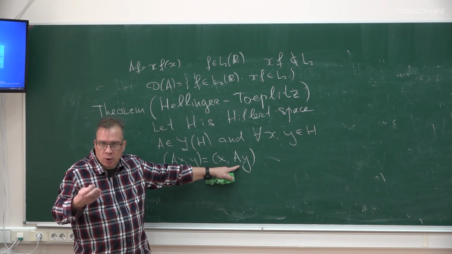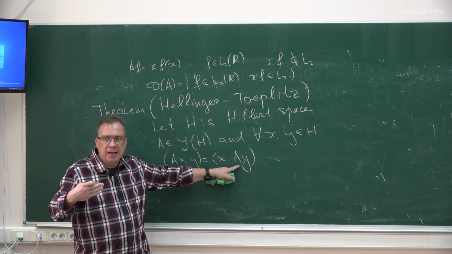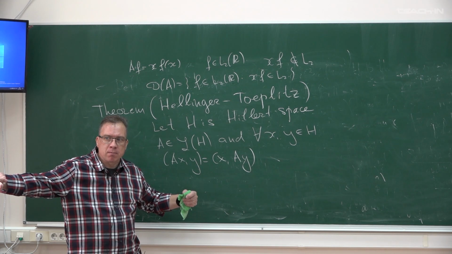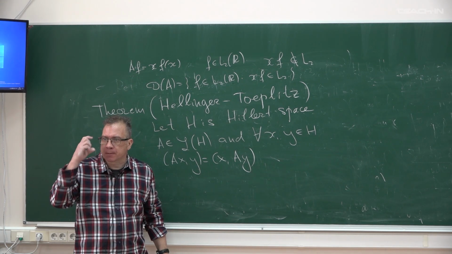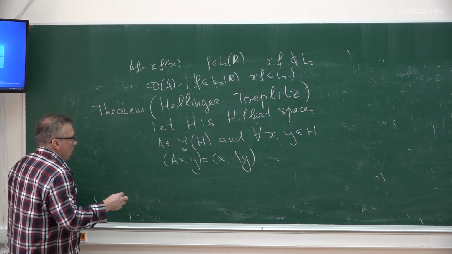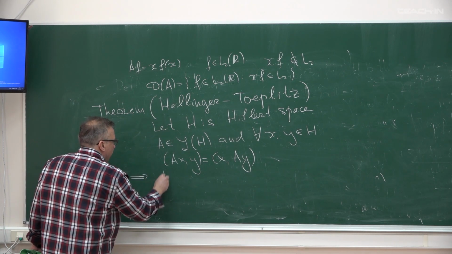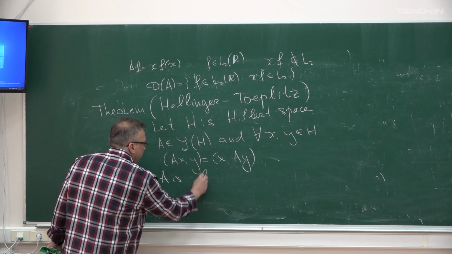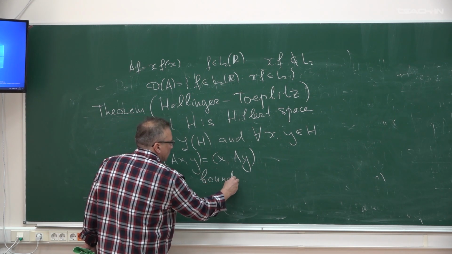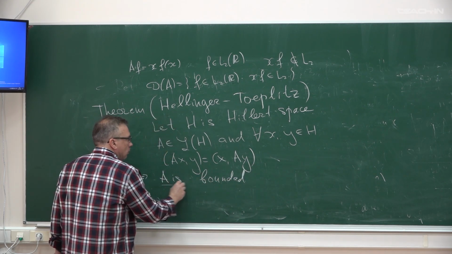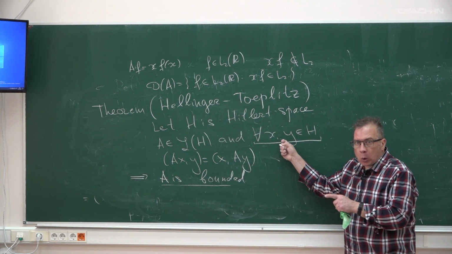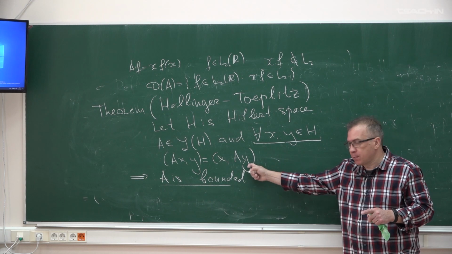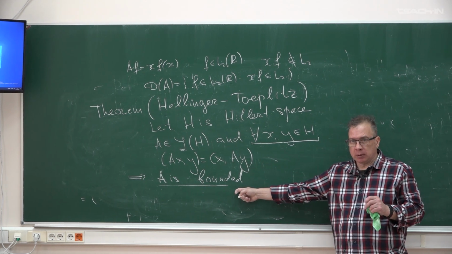There are possible situations when the adjoint operator has a larger domain. These are so-called symmetric operators. Then A is bounded. So if you define your operator on all space with this property, it must be bounded.